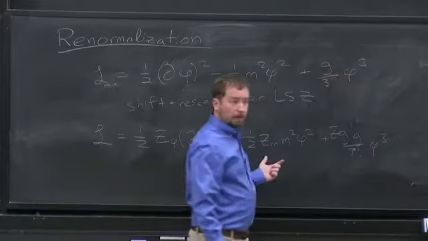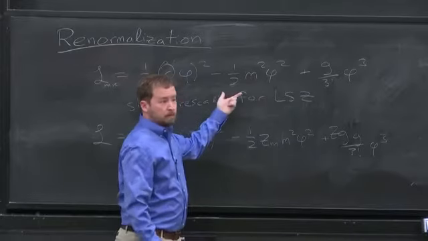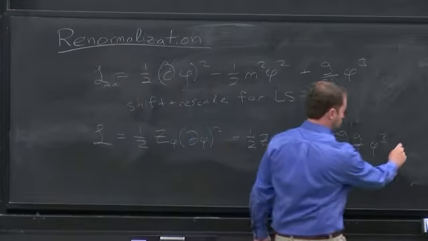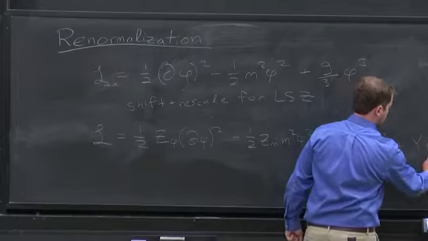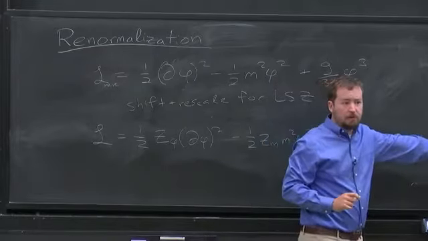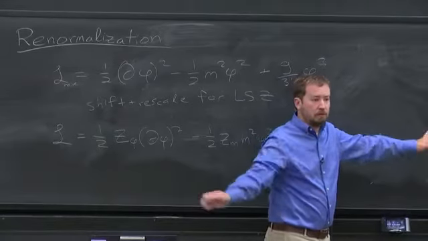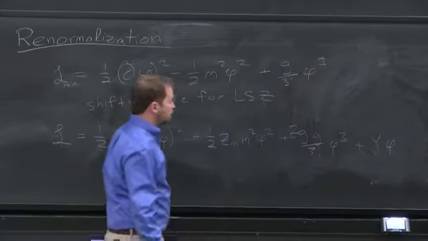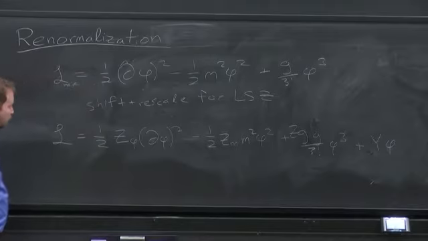So we get an extra factor of Z in front of each of the terms in our original Lagrangian. We also get a new term that wasn't there before, a term linear in phi, which comes from the shift. In general, we'd also get a constant here too, but that doesn't affect physics. So this is what we get.